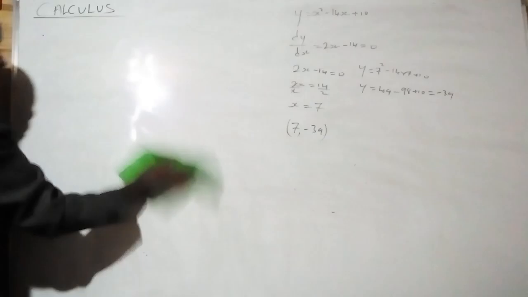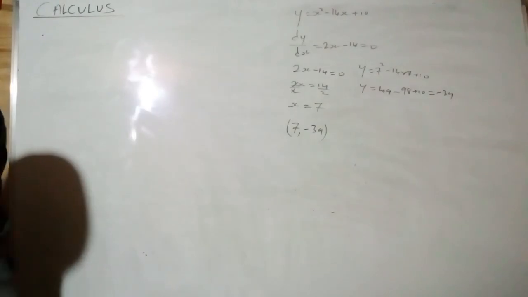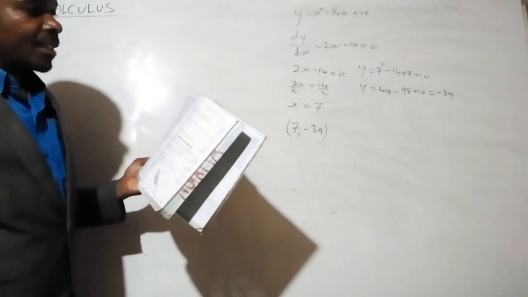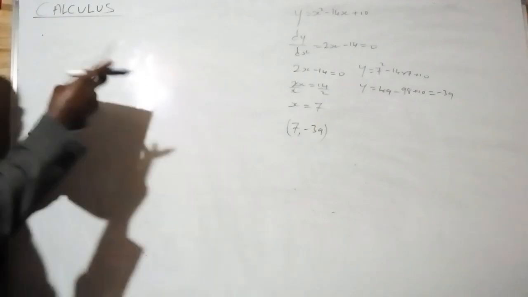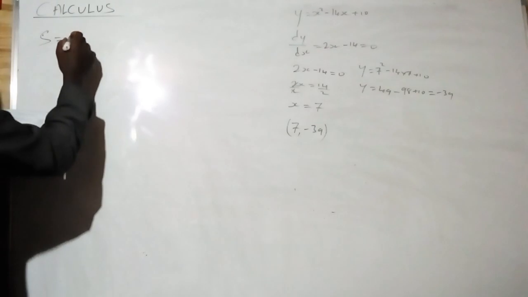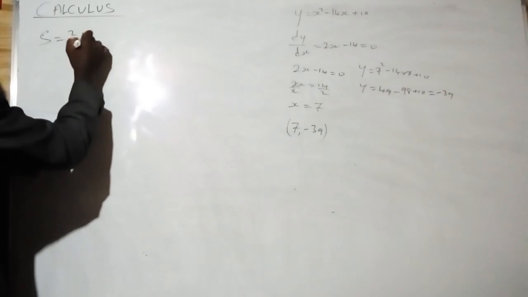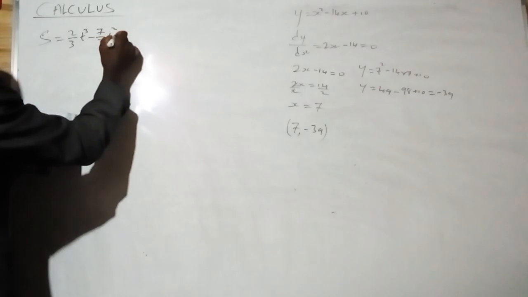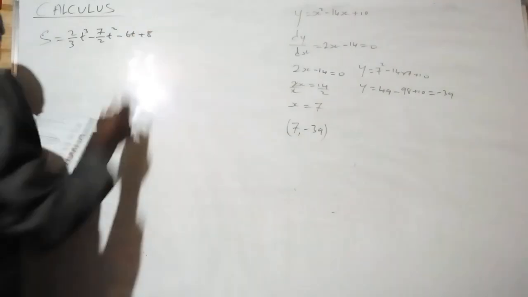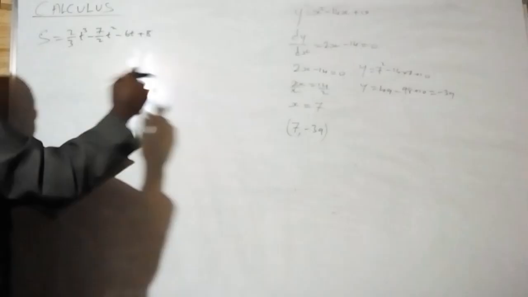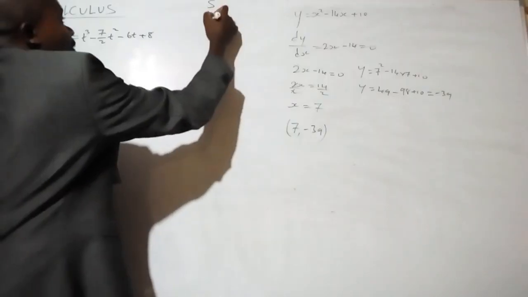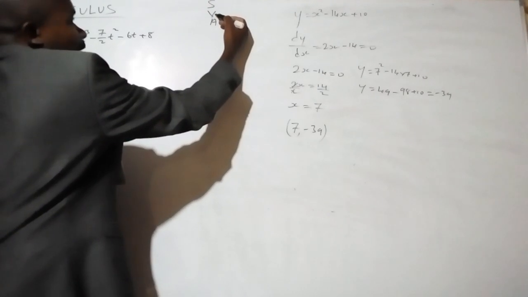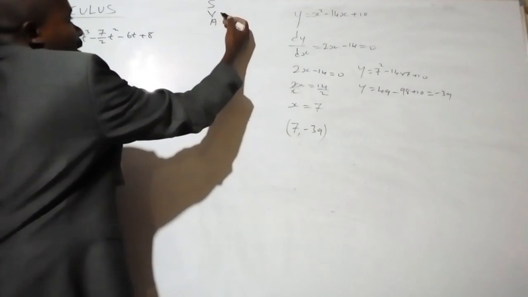Finally, you've been given that the displacement s meters of a moving particle after t seconds is given by s is equal to 2 over 3 t cubed minus 7 over 2 t squared minus 6t plus 8. Yeah, this is a displacement. And remember we said SVA: displacement in meters, speed, velocity, acceleration in meters per second squared.